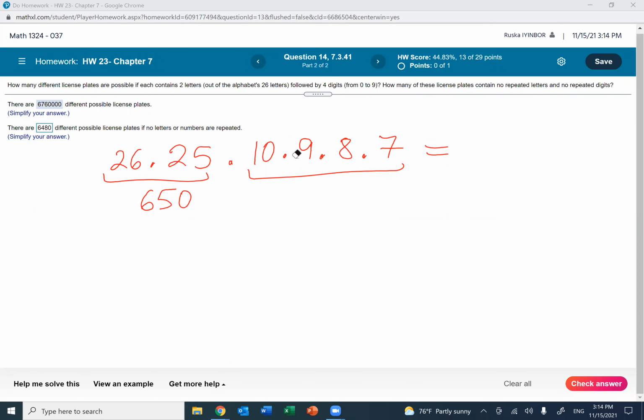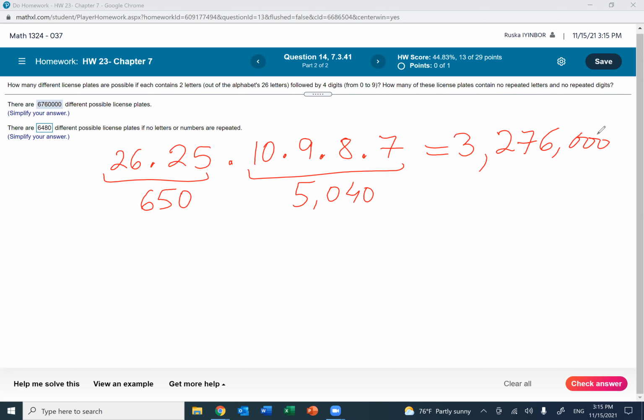Multiply by 8 is 720. Multiply by 7 is 5,040. And when I multiply 5,040 times 650, I get 3,276,000. Okay, that's more like it.